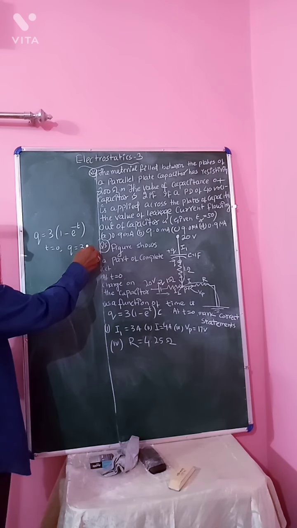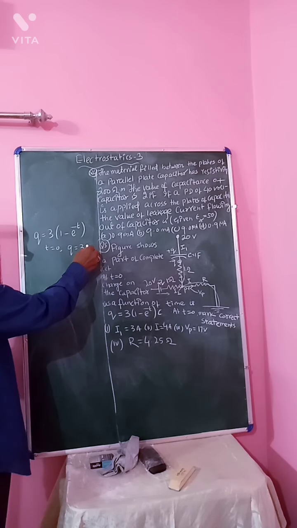Now come to this branch, that is, this point is at 20 volt. The source of EMF has potential 2 volt, and this point has potential 17 volt.